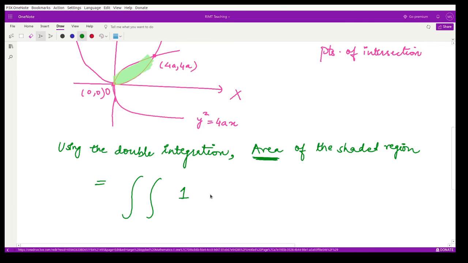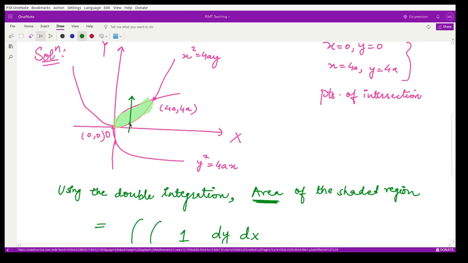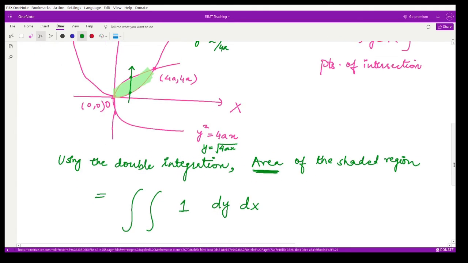Now it is up to you whether you want to take the limits of x first or the limits of y first. In this case, suppose I take the limits of y first and then x. So I will draw a vertical line here. When you draw this vertical line, you see what the value of y is here and what the value of y is here. In the first case, the value of y is simply x square by 4a, due to this curve. And at this point, due to this curve, the value of y is equal to the square root of 4ax. So we obtain our lower and upper limits.